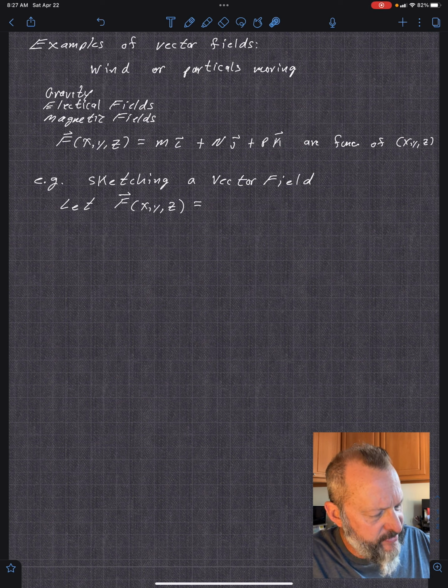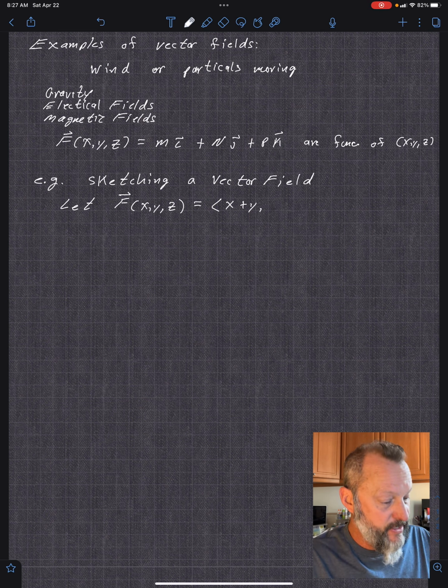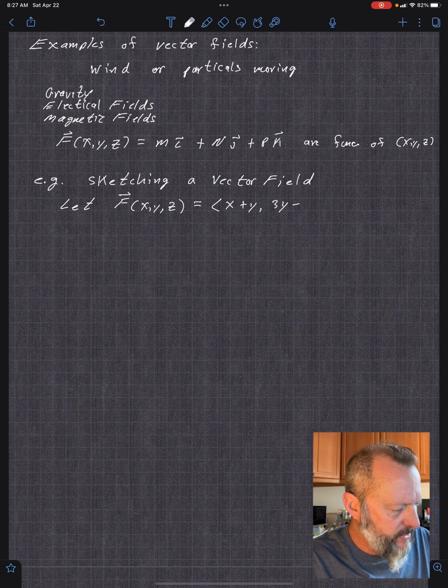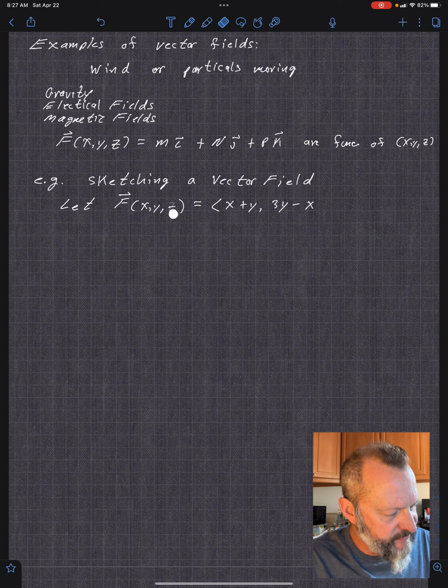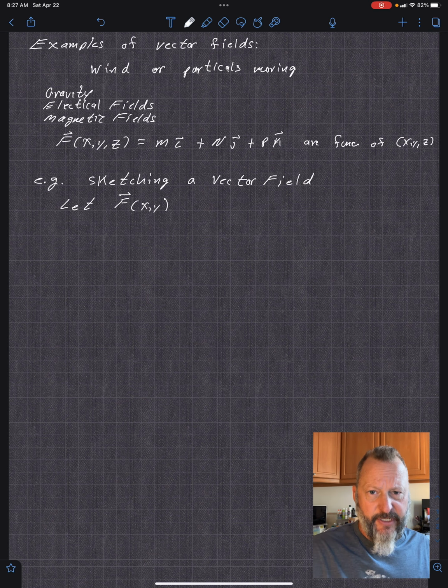All right, so let's write down F, capital F of x, y, z equal to, and this will just be x plus y and 3y minus x. This will just be in 2D. Oops, I did x, y, z. Let's fix that. So I originally wrote that in 3 dimensions.